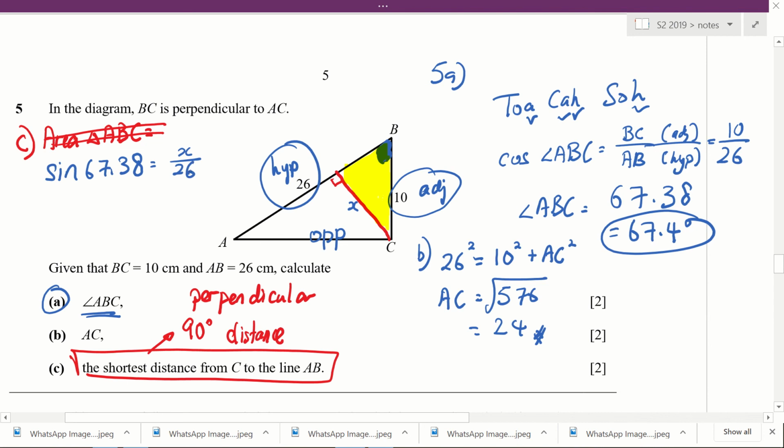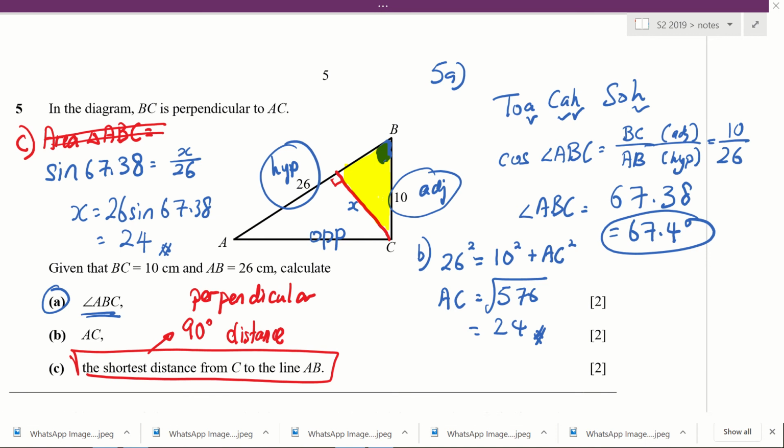After that, I want to find X. So I press calculator. Do you understand? Yeah, you press your calculator 26 times this, then you will get that. Okay? Yes, I cross multiply.